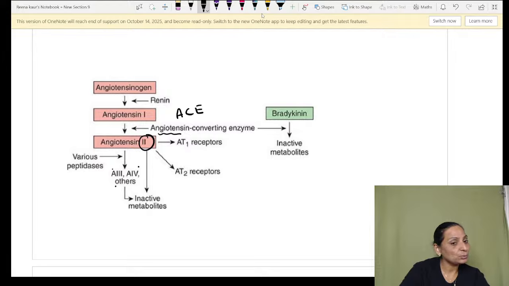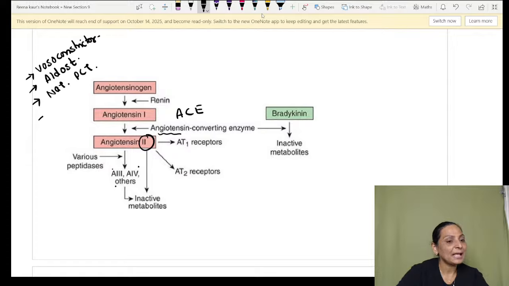But angiotensin 2 is a very potent vasoconstrictor. It causes secretion of aldosterone from the adrenal cortex. It also helps in sodium reabsorption from the PCT, and it helps to increase thirst by acting on the centers which are outside the blood-brain barrier.